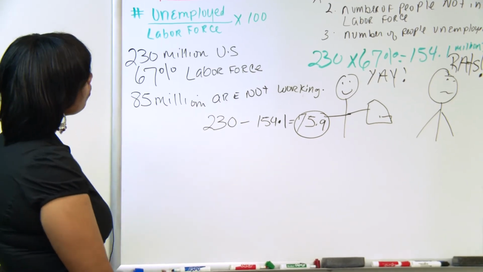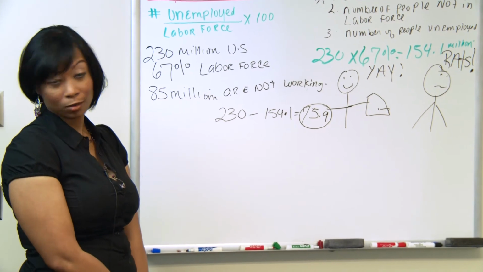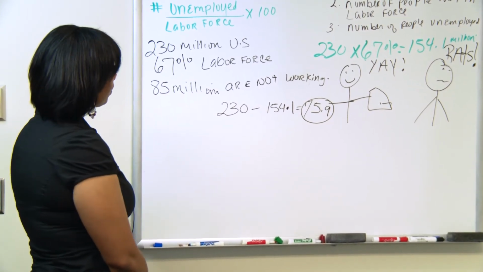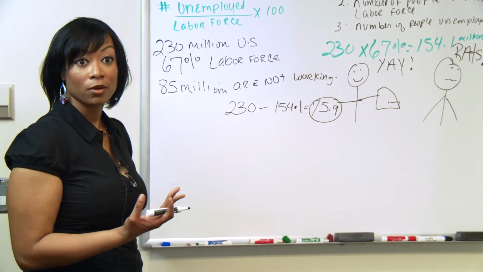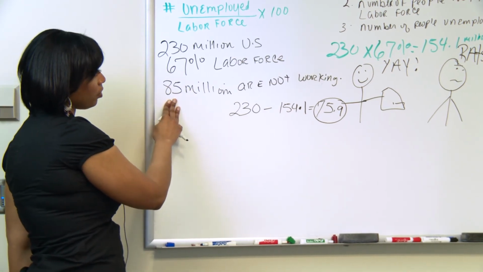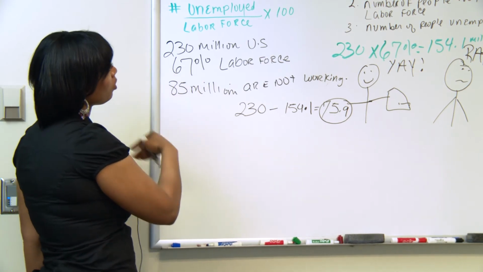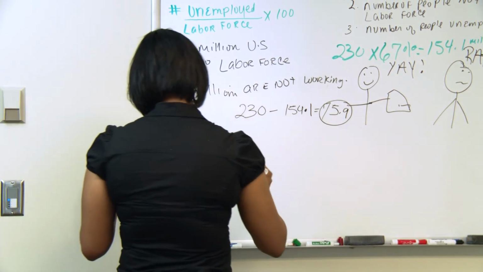So out of that, then, how many people are unemployed? We're almost at the home stretch. How many people are unemployed? So if we have 75.9 million people that are not in the labor force, and our statistics say that we have 85 million people that are not working, in order to find the actual number of people that are unemployed, we'll do simple subtraction again.